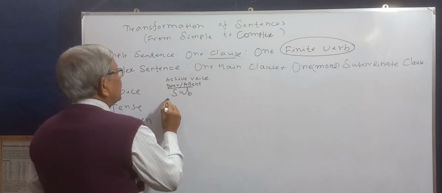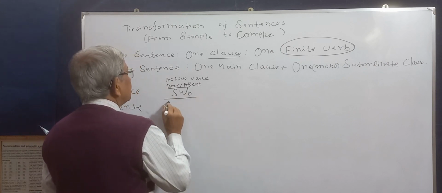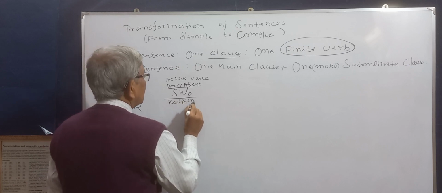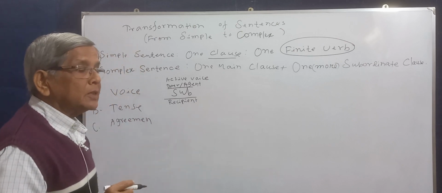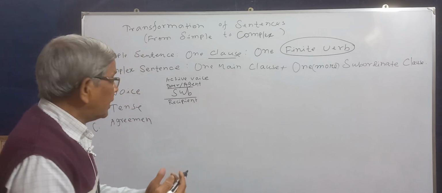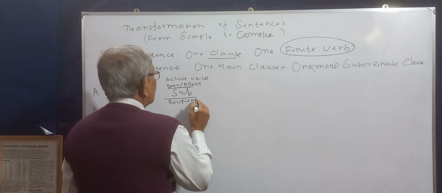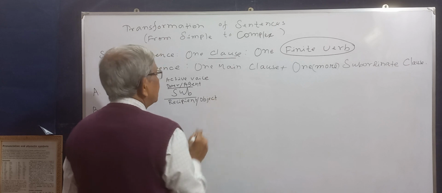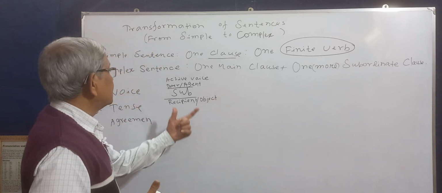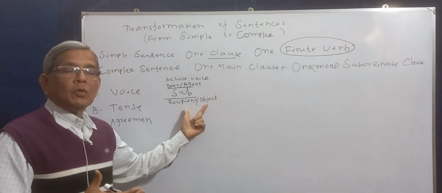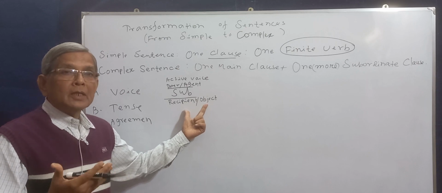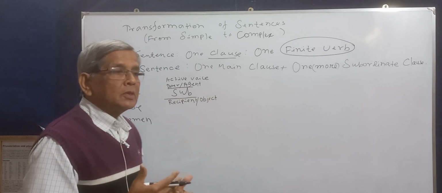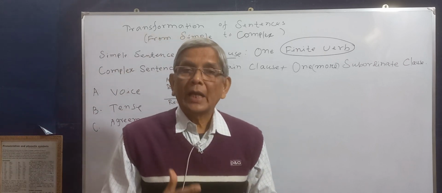And when the subject is the recipient, that is the original object of a transitive verb, remember that when the original object is used as the subject, we cannot call it an object. It is then the subject, but it is the recipient because it receives the effect of the action of the verb.